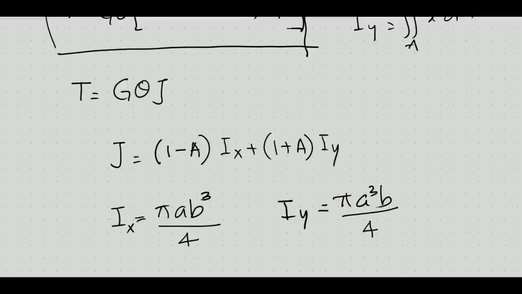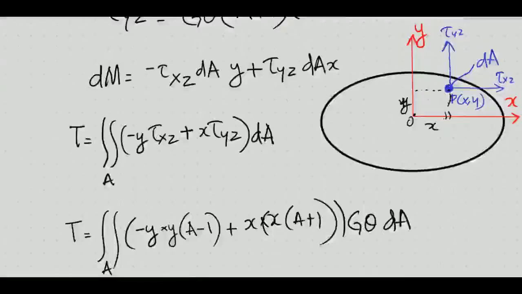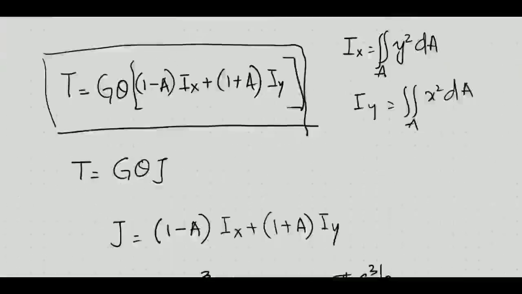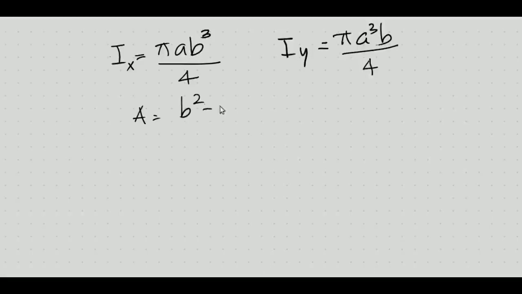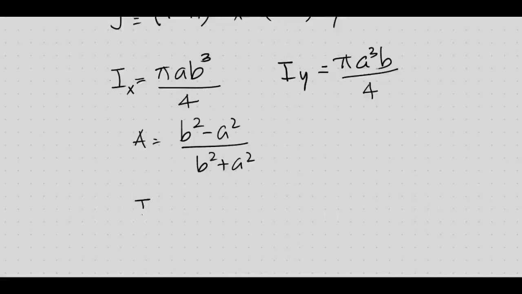Here we substitute these values, and the value of a we have calculated is b square minus a square divided by b square plus a square. So we substitute these values in this equation. What will we get? We will get J is equal to pi a cube b cube divided by a square plus b square. You can do it yourself.